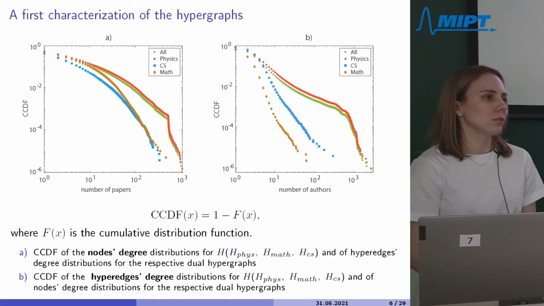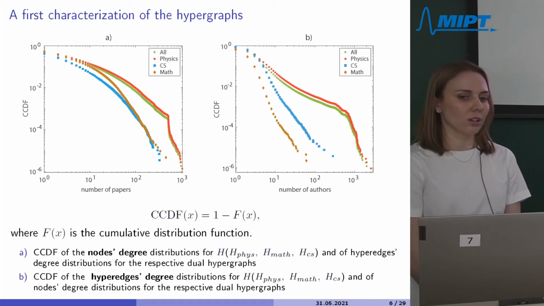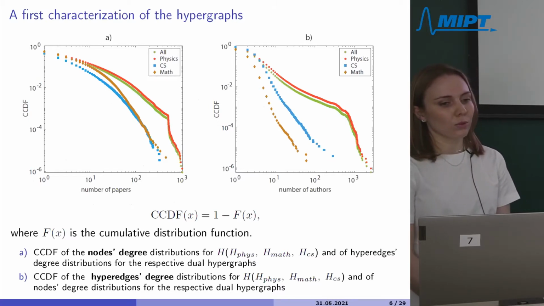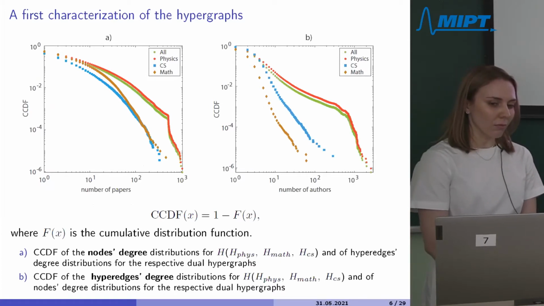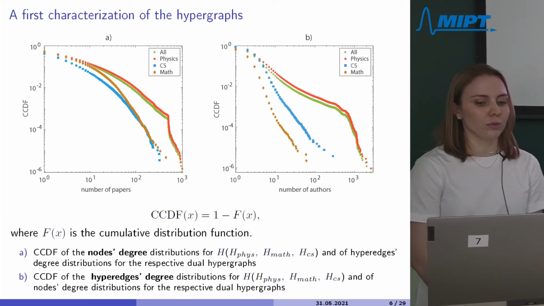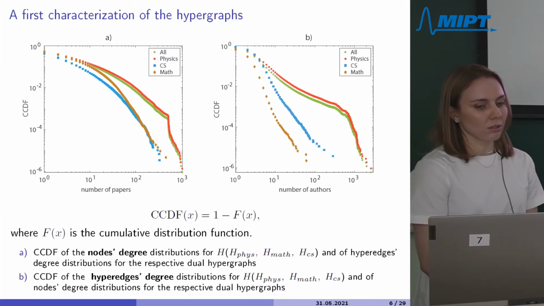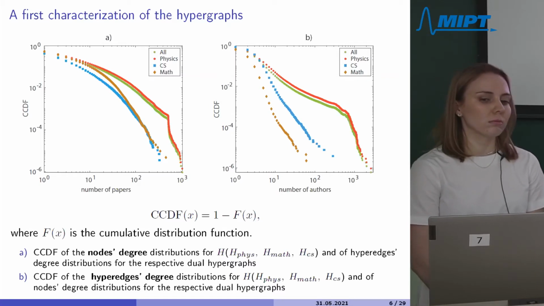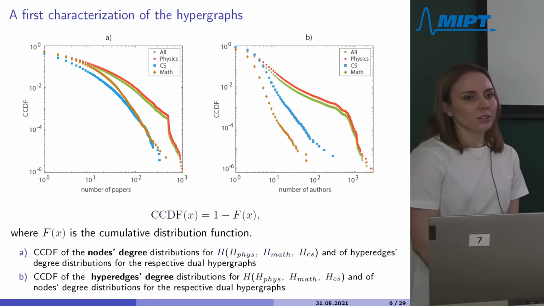As the first characteristic of the considered hypergraphs, I would like to show the diagrams of cumulative distribution functions. Here we see that in physics, this distribution function can be divided into two parts.